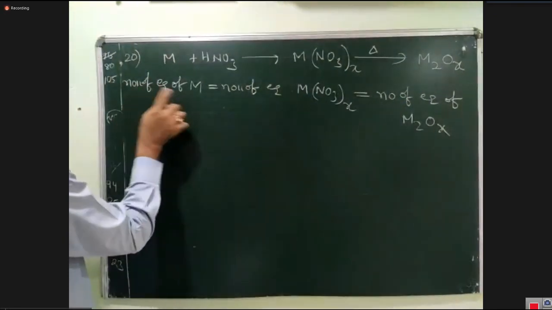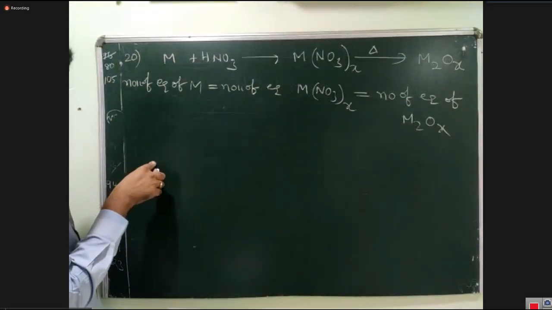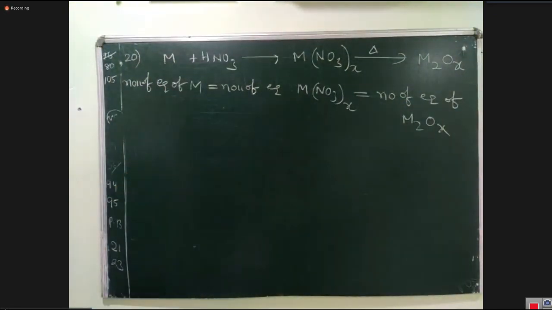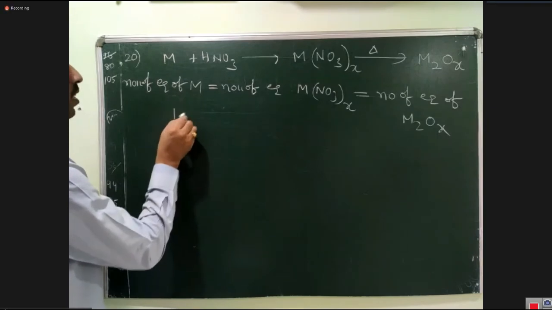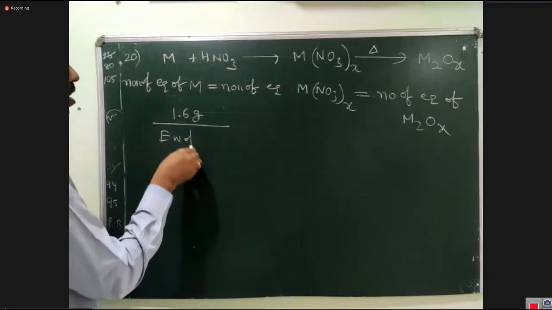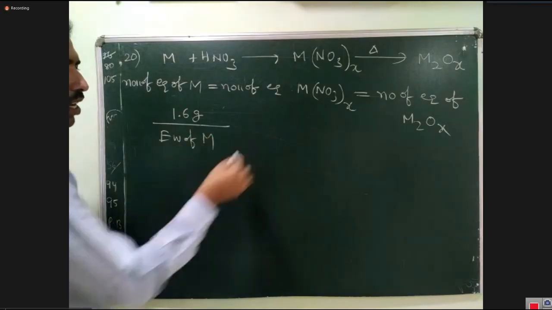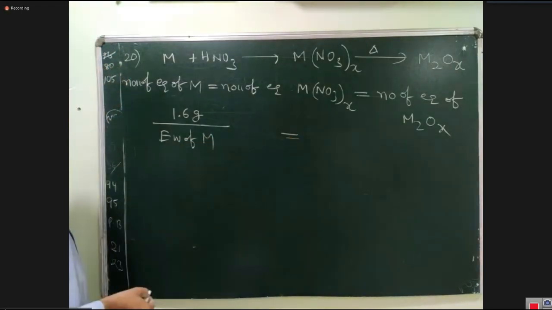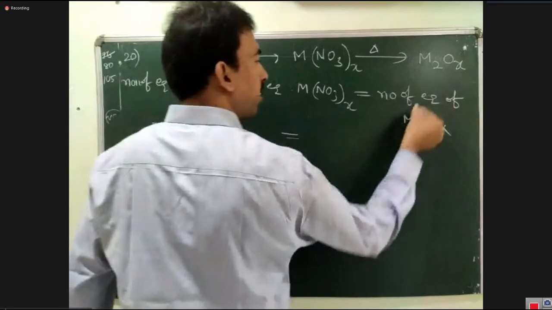The number of equivalents of metal means weight of metal divided by equivalent weight of metal. The weight of metal given is 1.6 grams. This is equal to the number of equivalents of metal oxide.